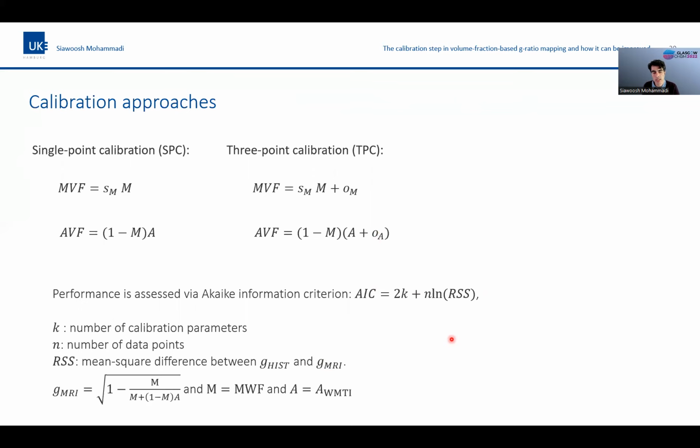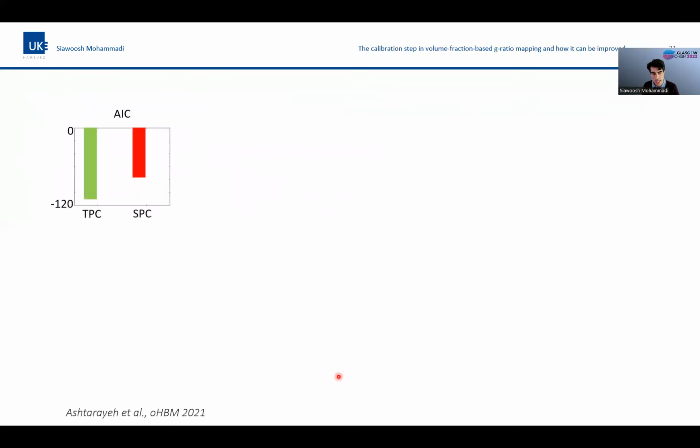Here we use the Akaike information criterion to compare the two models with each other, and to generate the MRI-based G-ratio we use the myelin water fraction imaging approach, which was the best one, and also the WMTI approach, which was also very good.